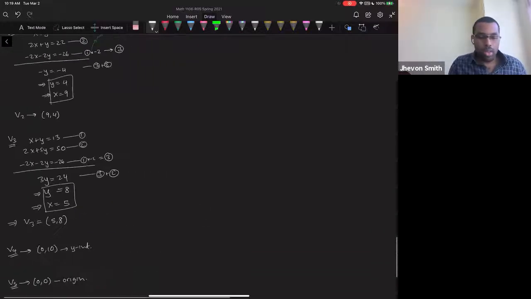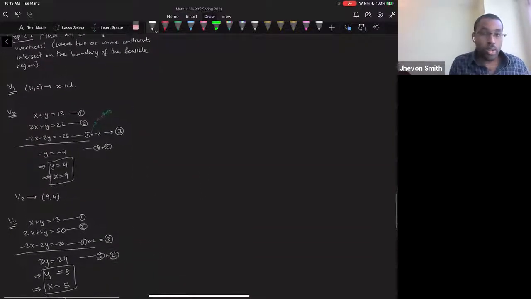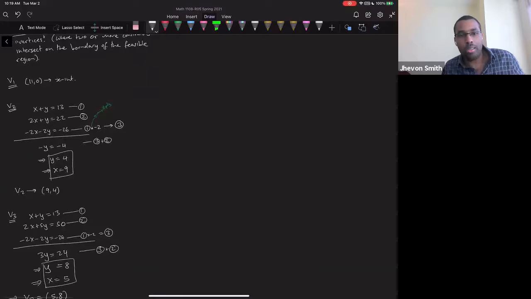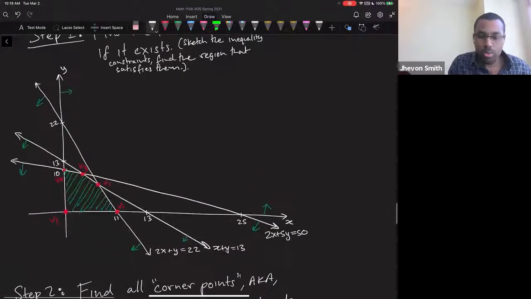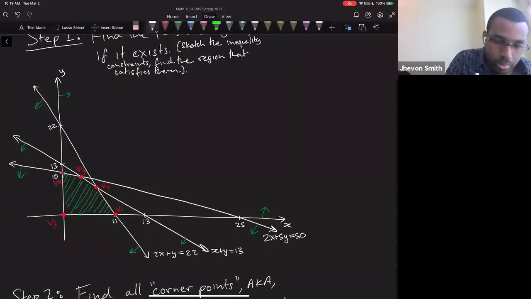So now I've found all corner points. Notice that to find two of them, I need to really quickly solve two systems of equations, right? And this is just for the purpose of getting a more accurate diagram. That's all it is. Well, it's a little bit more than that, which I'll explain soon.